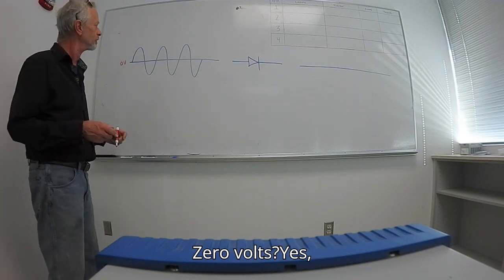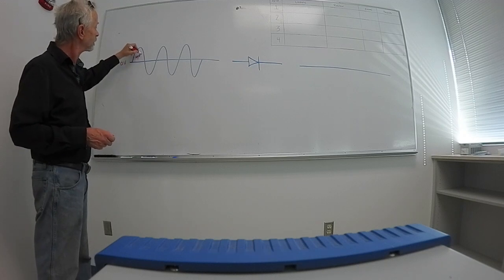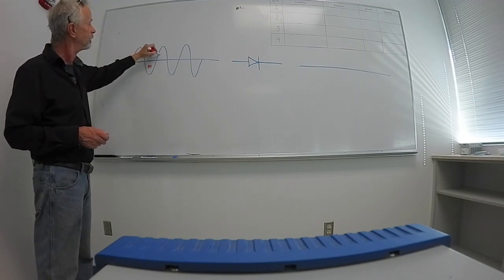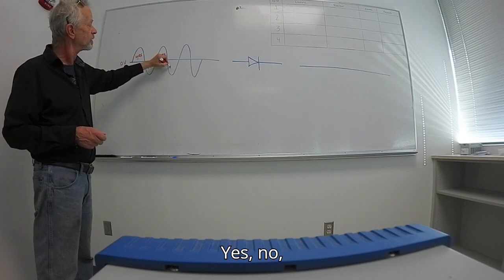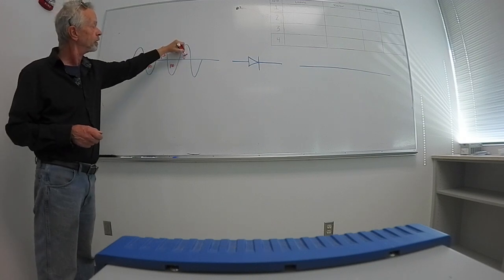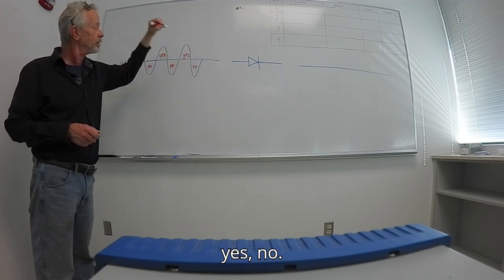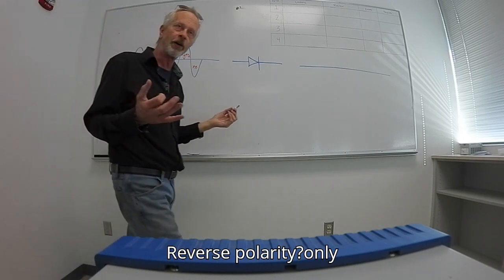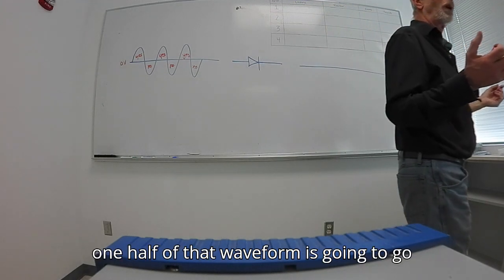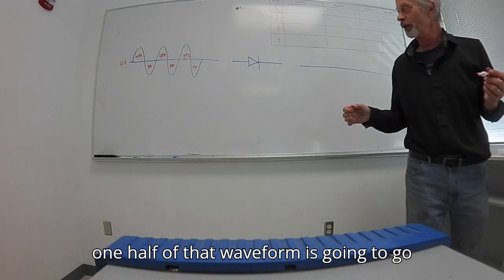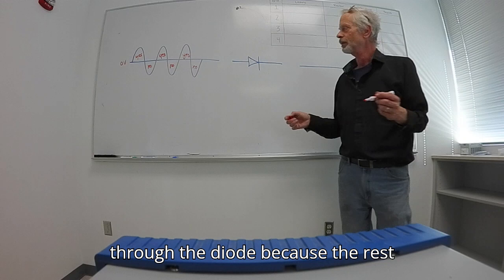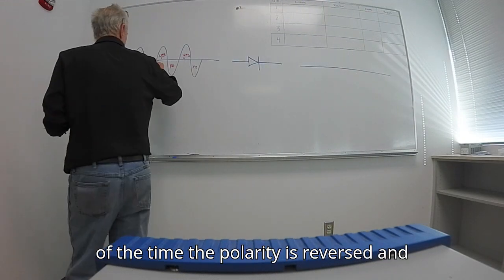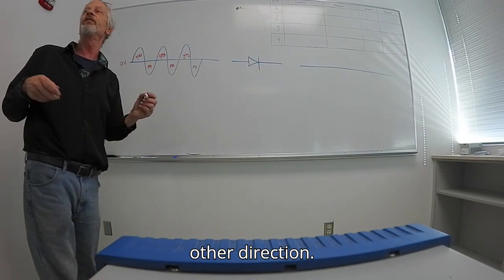Zero volts? Yes? No? Reverse polarity? Only 1/2 of that waveform is going to go through the diode, because the rest of the time the polarity is reversed and current's trying to flow in the other direction.